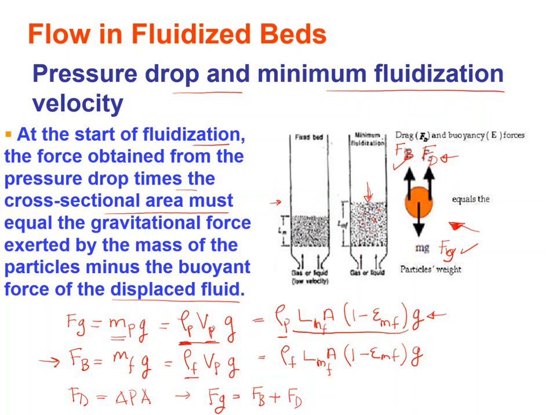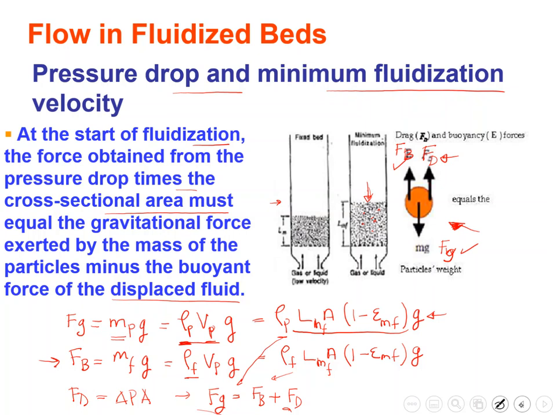Fd plus Fb is equal to Fg, and you can just substitute those values. I can substitute Fg here, Fb here, and Fd here, and you can solve for the relation between delta P and LMF.